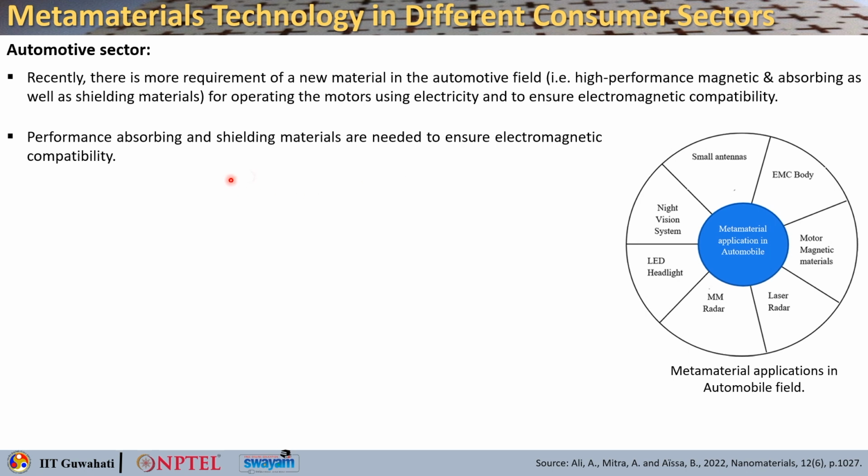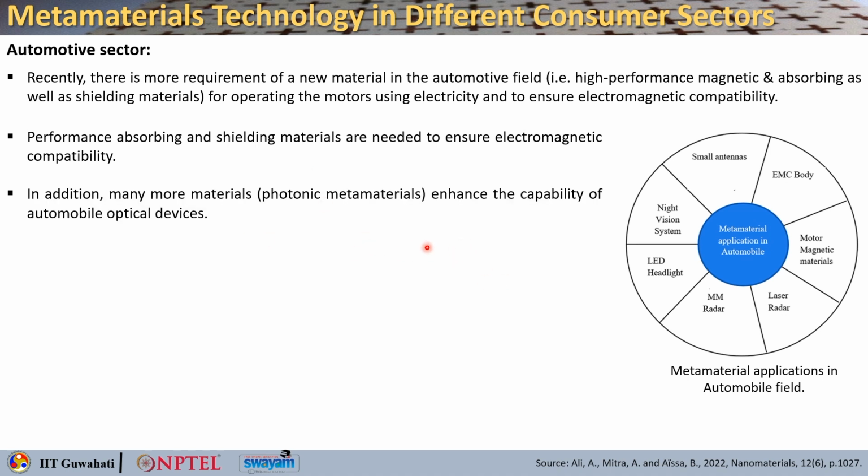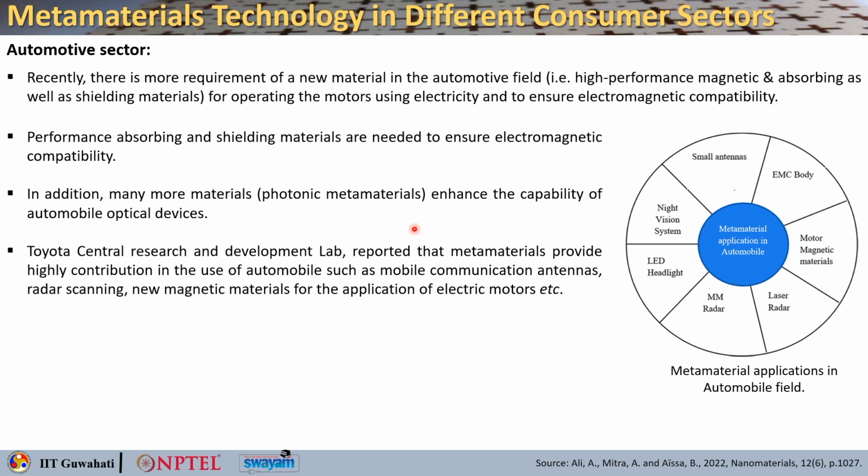So, performance absorbing and shielding materials are needed to ensure electromagnetic compatibility, right. In addition, many more materials like photonic metamaterials can also enhance the capability of automobile optical devices.